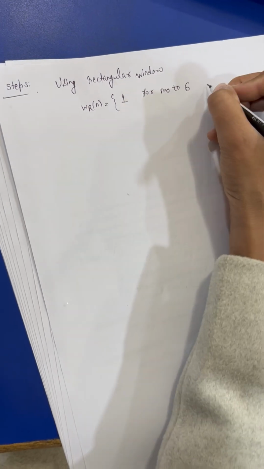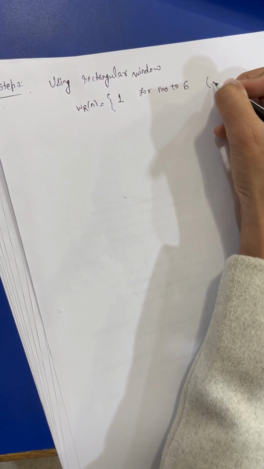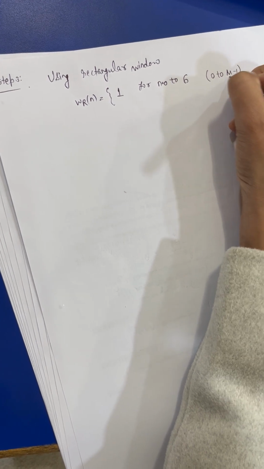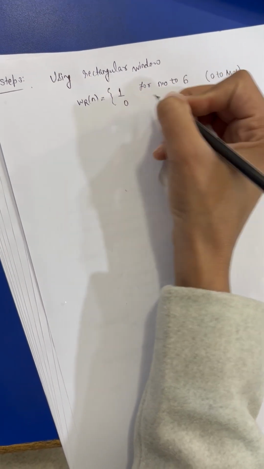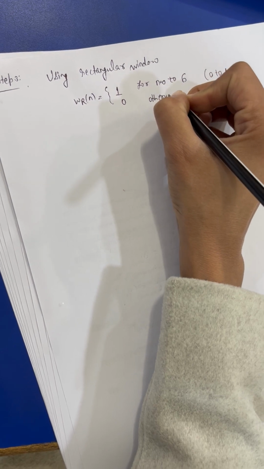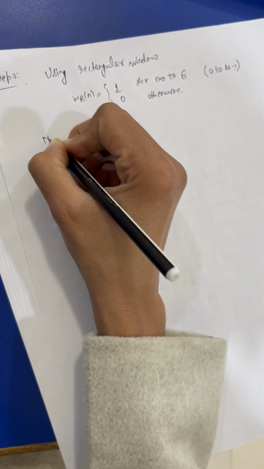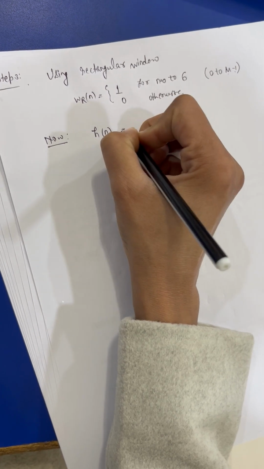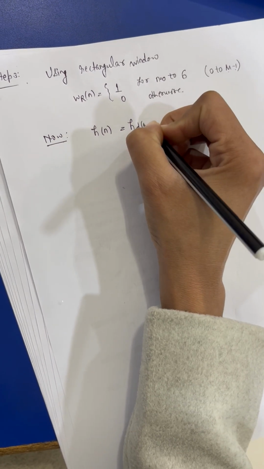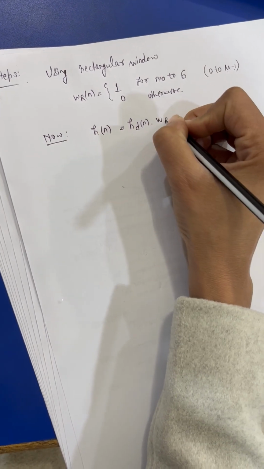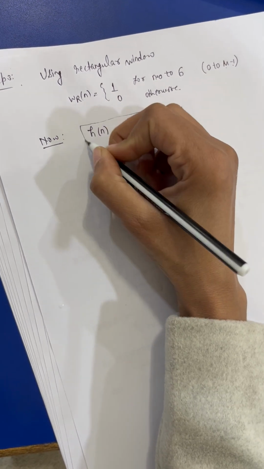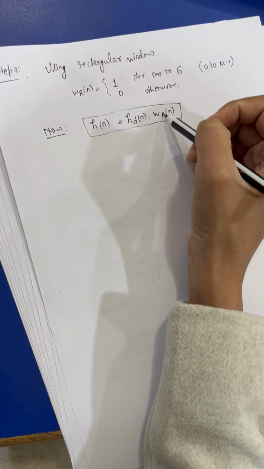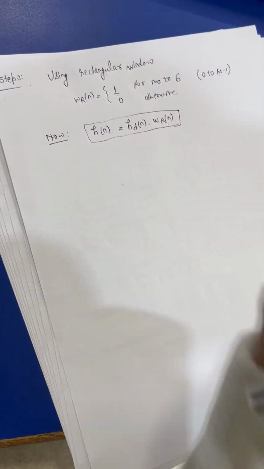Because the length of the filter is M, that is 7, 0 to M minus 1. So 7 minus 1, 0 to 6. It is 0 otherwise. Now we have the formula h(n) is defined by h_d(n) multiplied with w_R(n), but we can see w_R(n) value is 1. So we multiply by 1, we'll have the same value.